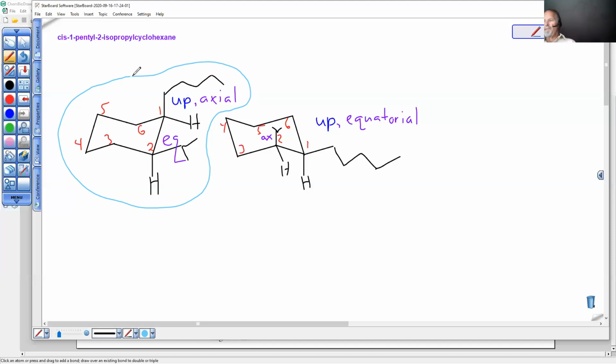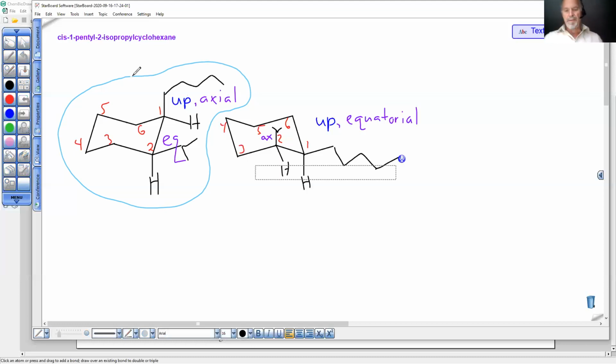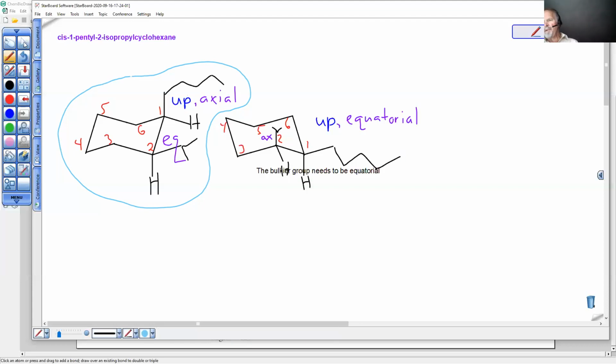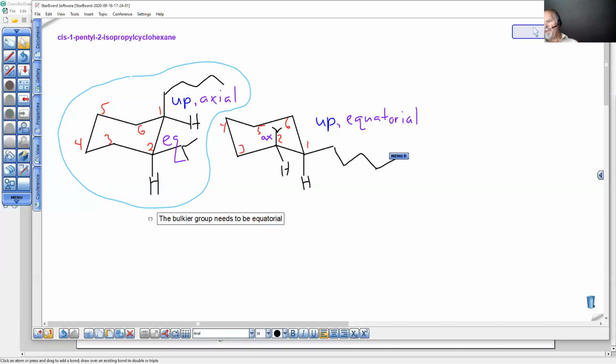We should be using the word bulkier. The bulky group needs to be equatorial. We'll talk about what bulky is, because in this case, the bigger group is actually the least bulky group.